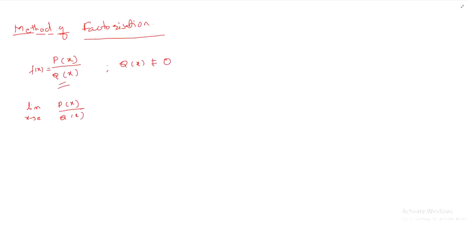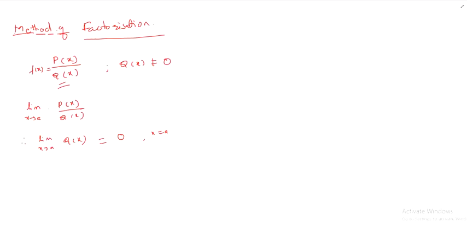Very first we have to check the limit of the function q of x. If the limit of the polynomial q of x is equal to 0 at x equal to a, then we cannot solve this example with the direct limit.